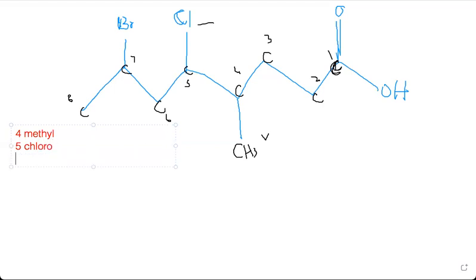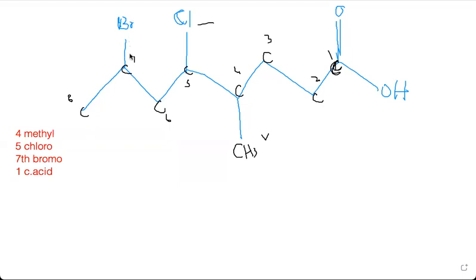At the 7th carbon, we have bromo. What else do we have? Then we have carboxylic acid at the first carbon. Anything else? 1, 2, 3, 4. No. Yes. So what will be the name of the chain?